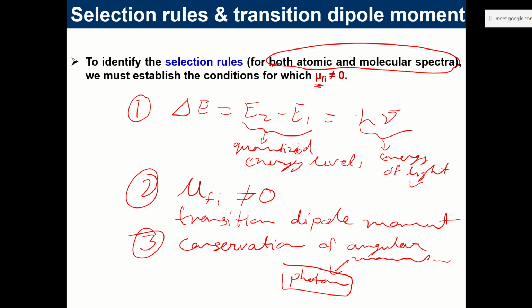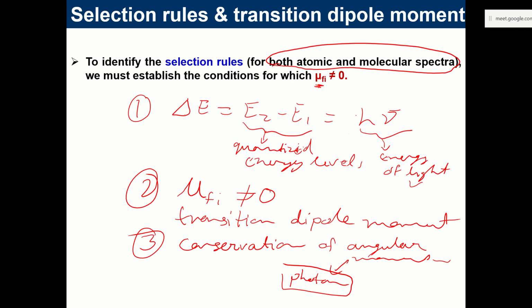But you know photon also has angular momentum. Do you know that a photon also has angular momentum? और वो you should be able to account for that angular momentum.